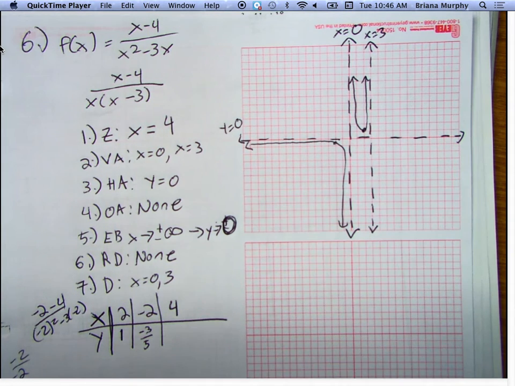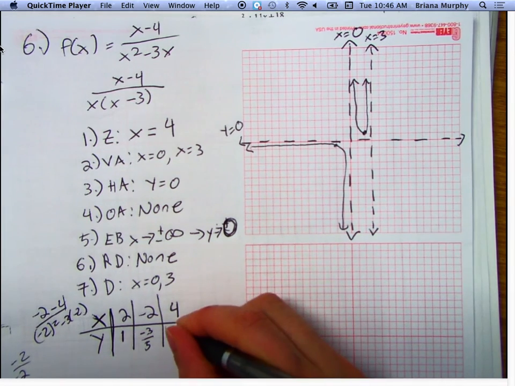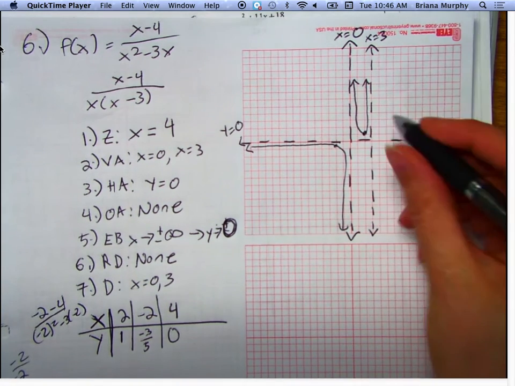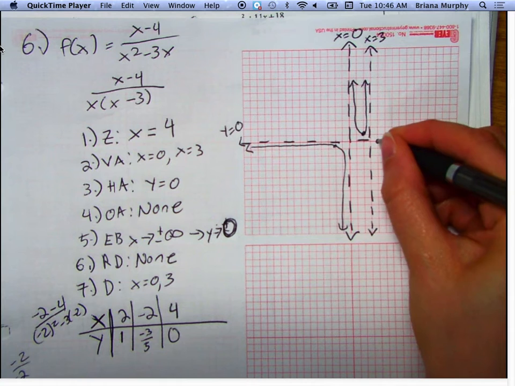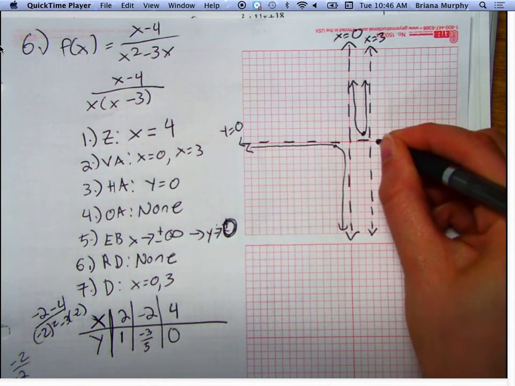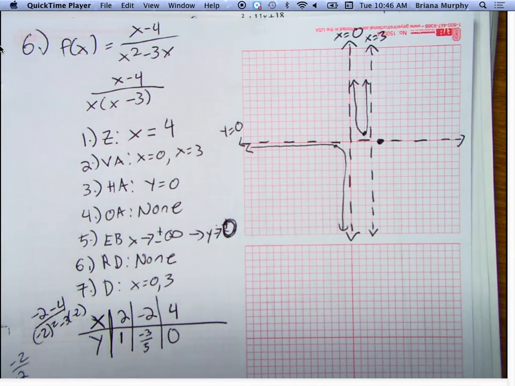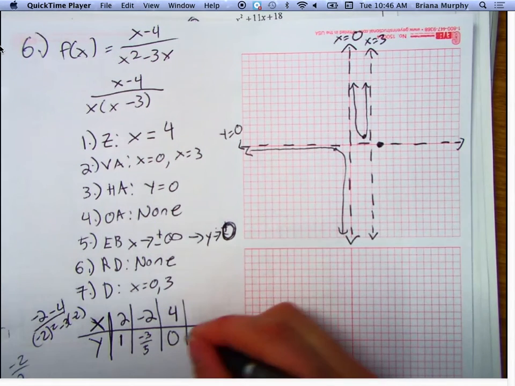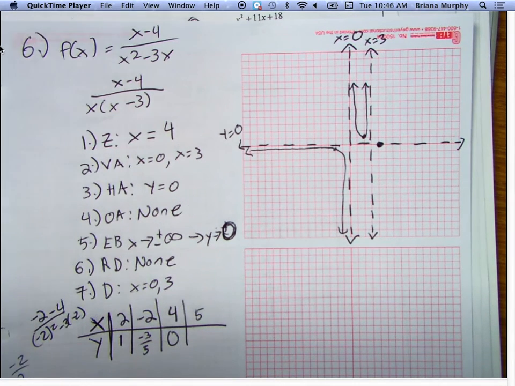Oh, I should have known that one, right? It's my 0. It's where I hit the axis. So I am going to have to do another point. I don't really know what happens here. Let's do just one bigger. Let's just do 5.